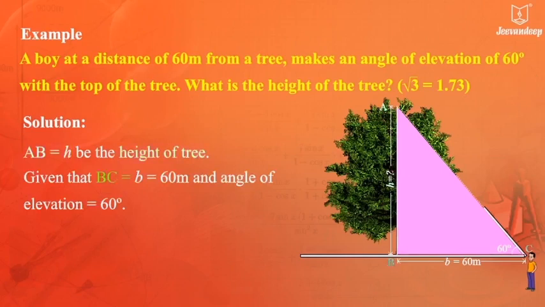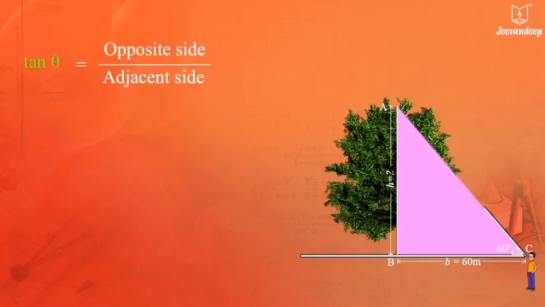Given that BC equals B, which equals 60 meters, and angle of elevation equals 60 degrees, we know that tan theta equals opposite side upon adjacent side. Tan 60 equals H upon B, or √3 equals H upon 60. Therefore, H equals 60 √3.